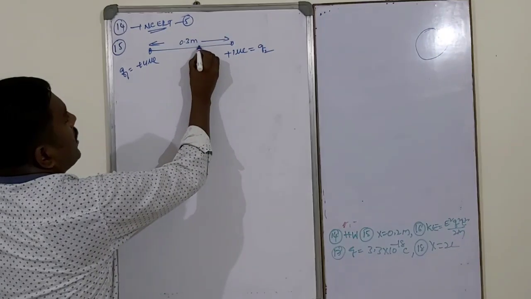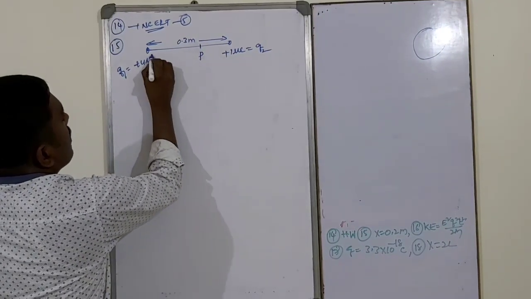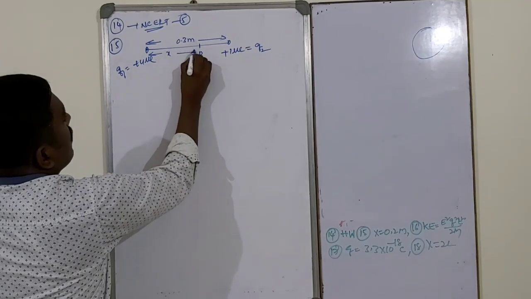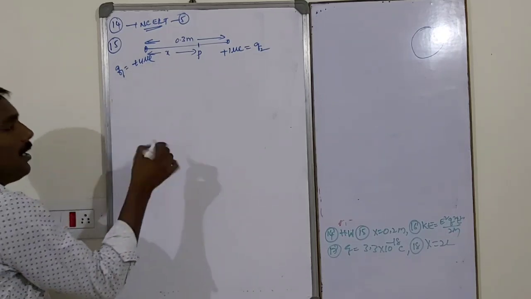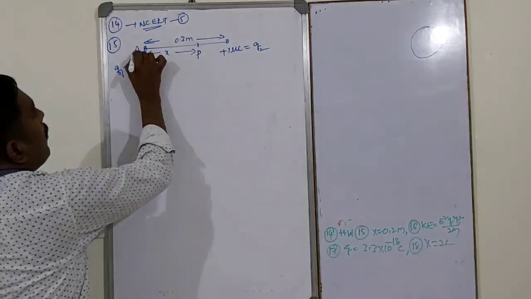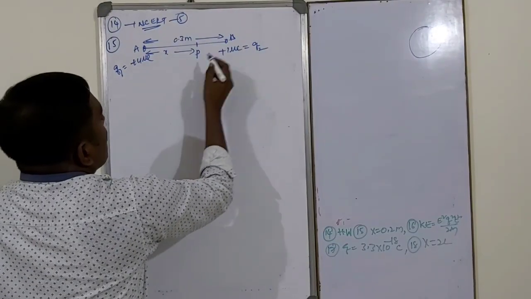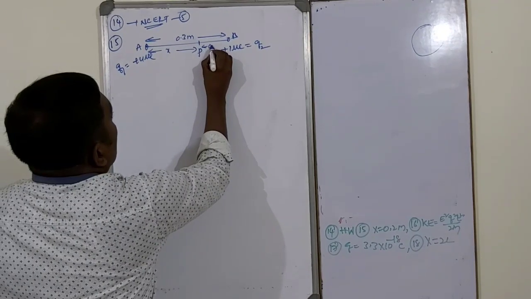Suppose P is a point at a distance of x from the charge Q1, at which the electric field will be 0. This is the point A, this is the point B. So if this is x, then the remaining distance is 0.3 minus x.